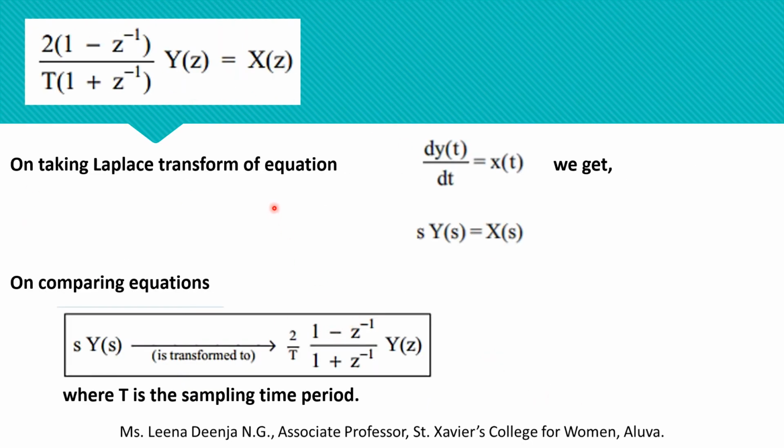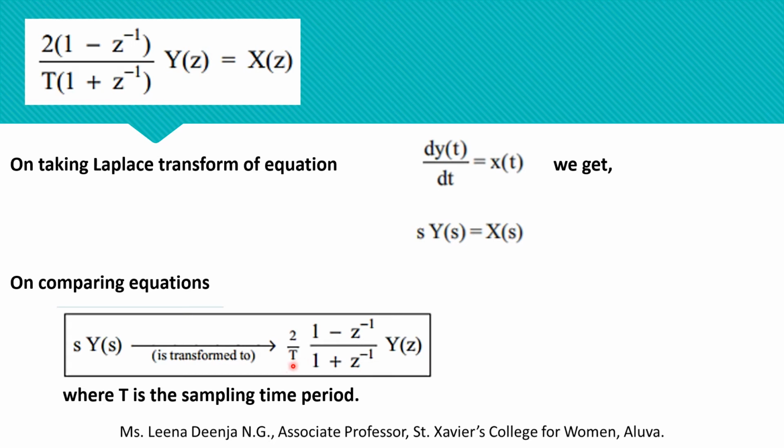On taking the Laplace transform of the equation d by dt of y of t equal to x of t, we get s Y of s equal to X of s. Now compare this equation with 2 by T, 1 minus z raised to minus 1 by 1 plus z raised to minus 1, Y of z equal to X of z. Now we can see that s Y of s is transformed into 2 by T, 1 minus z raised to minus 1 by 1 plus z raised to minus 1, Y of z.